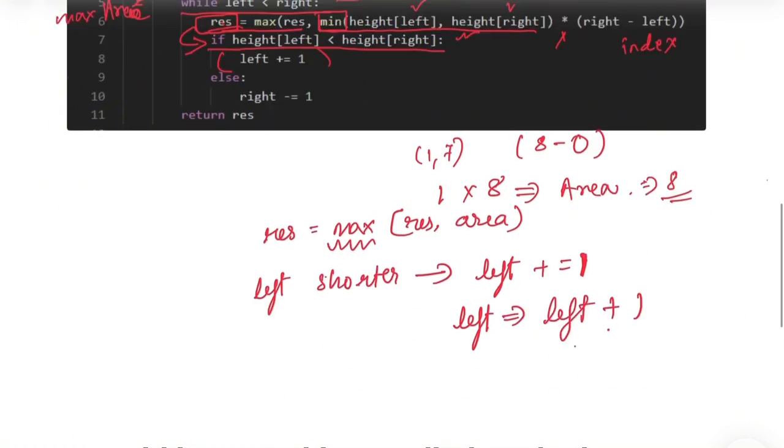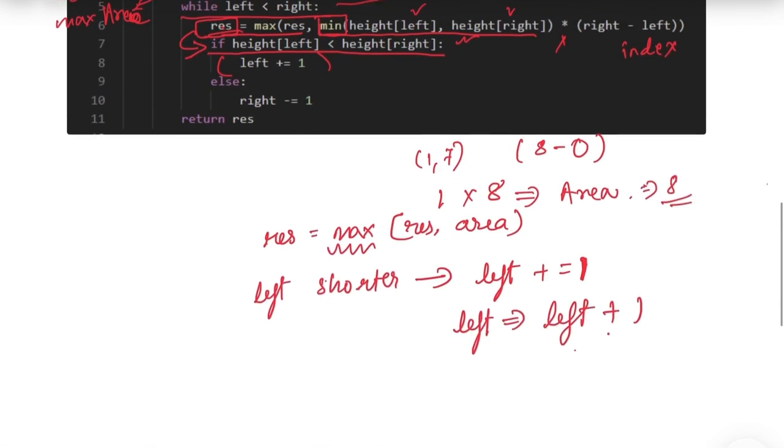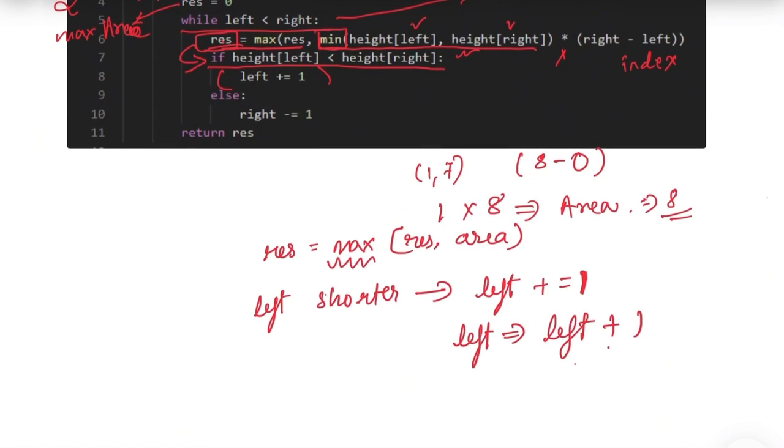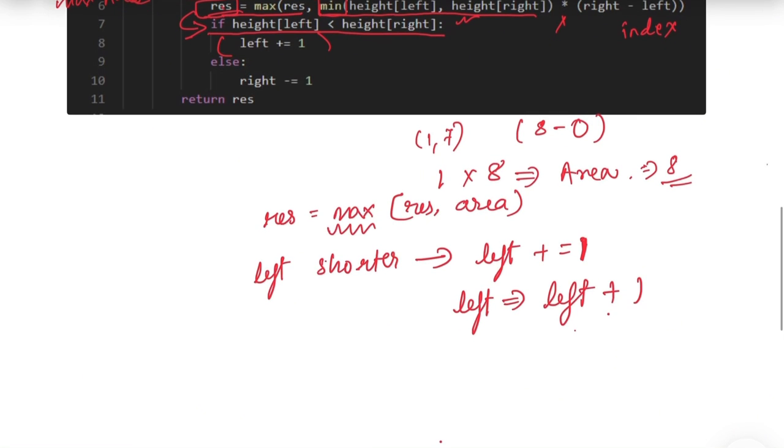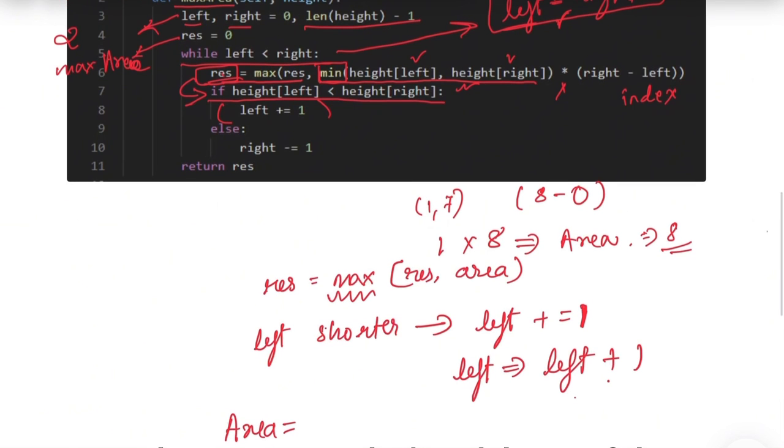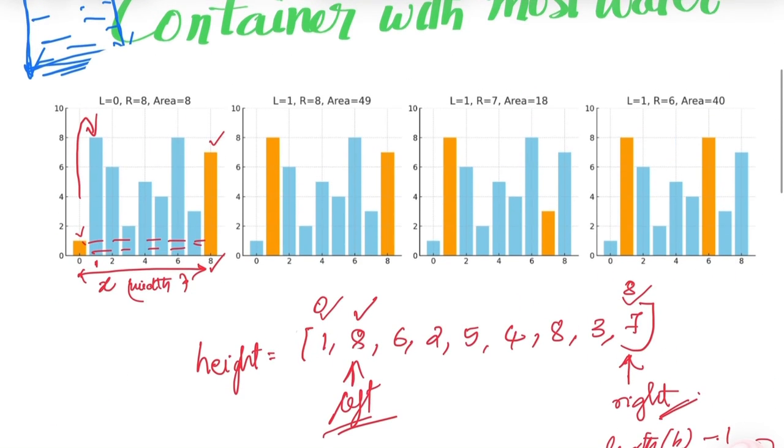Right, same thing applied. Apply the same formula. Area equals the minimum of the height. This is 8 and this is 7, which is the minimum.